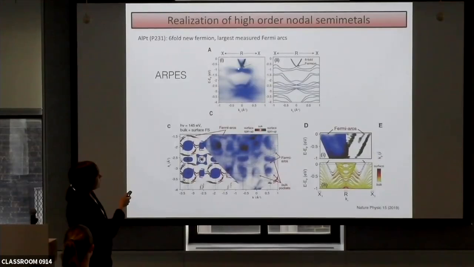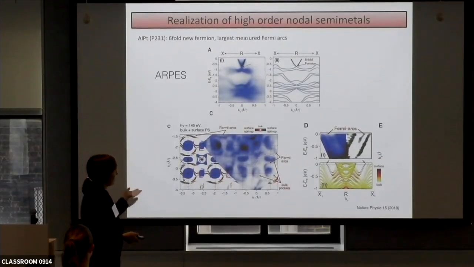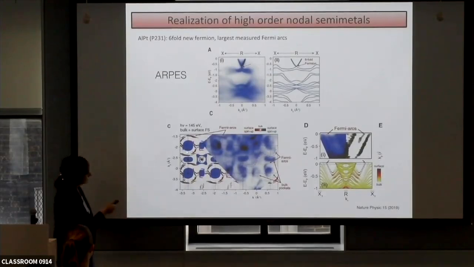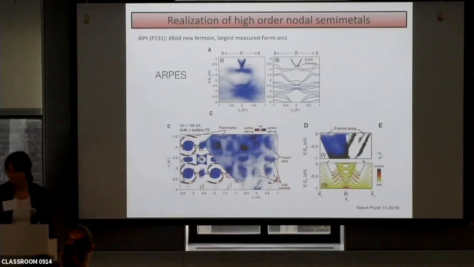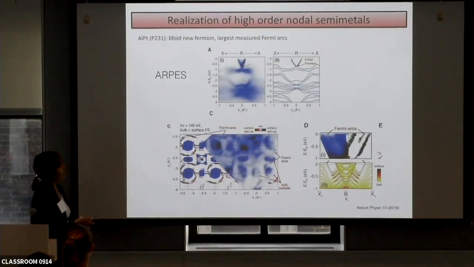So here we have a sixfold crossing that was predicted by DFT calculations. And then if we look at the surface states, here we have the DFT calculations and here the experimental data. We can see the double Fermi arcs going from gamma to R that is reproduced here in the experimental data. So we were actually very happy with this experiment.